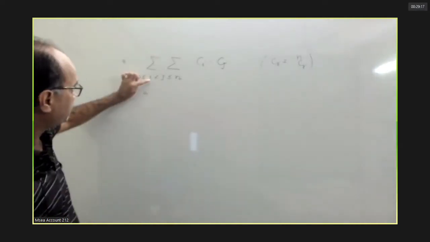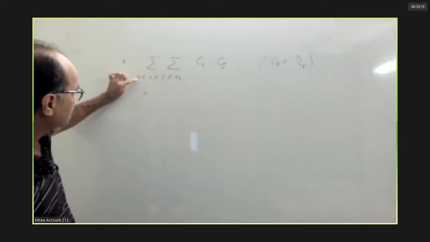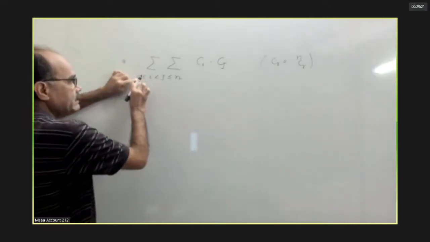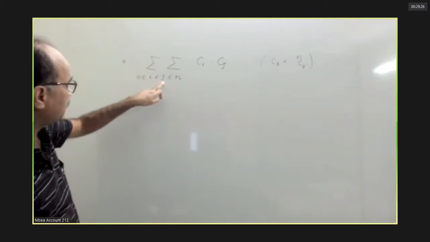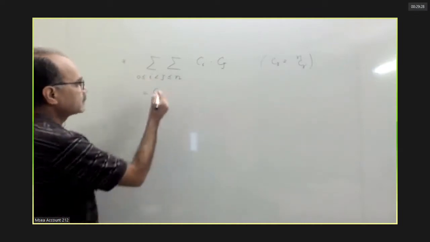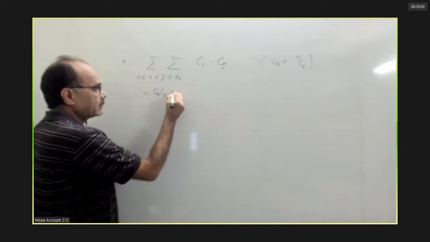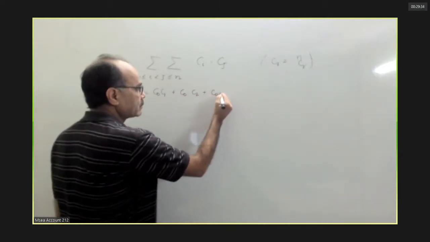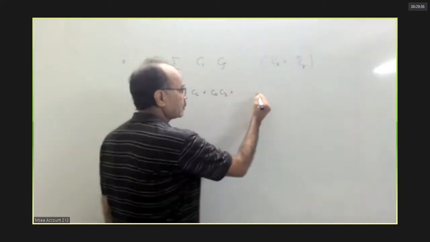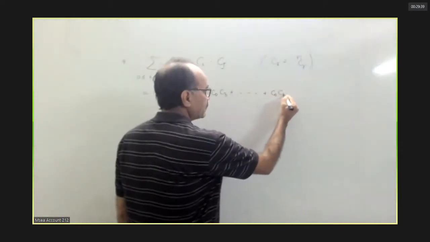First, fix up I at 0. I is 0, C0, and keep varying J greater than I. Means C0 C1, C0 C2, C0 C3, so on, C0 Cn.